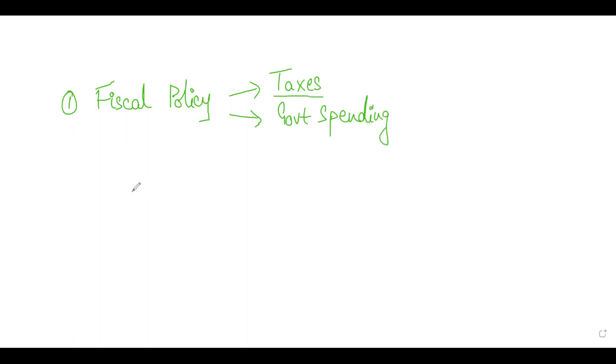First of all, let's talk about what happens when taxes are lowered. We know that aggregate demand is made up of these five components: consumption, investment, government spending, exports, and imports. If the government is reducing taxes, what effect will this have on aggregate demand?